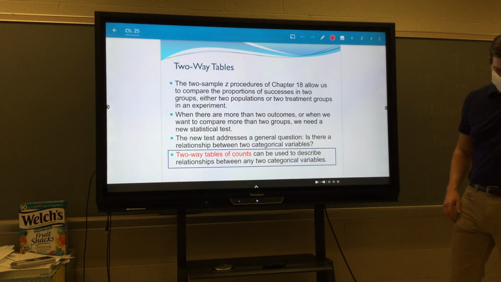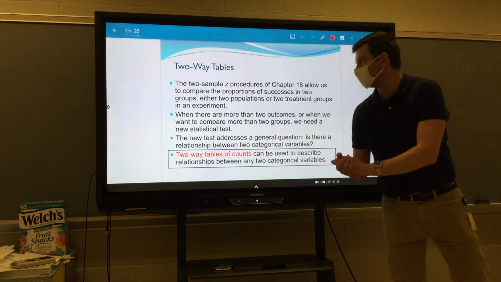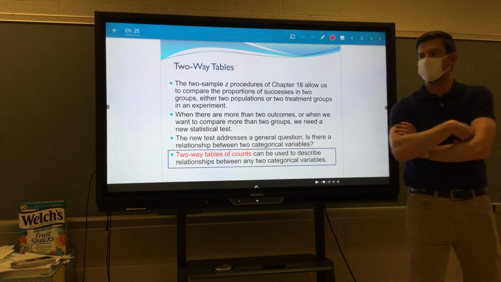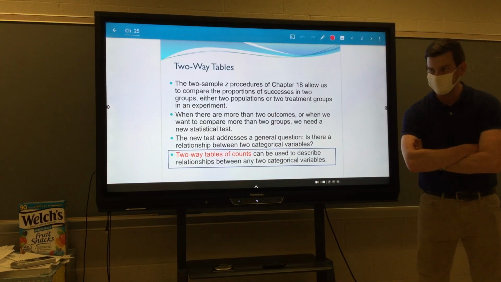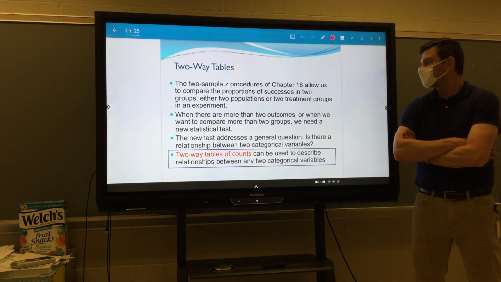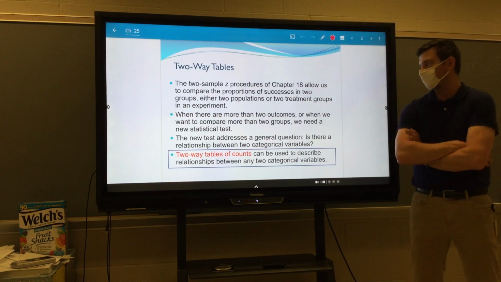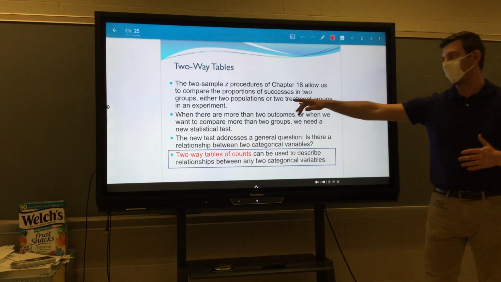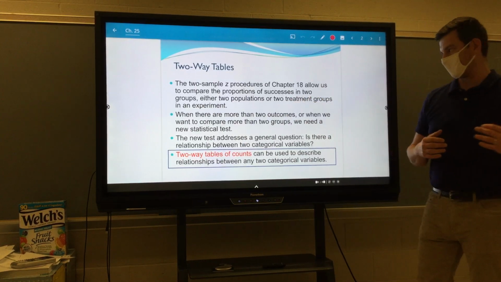Now, yesterday we spoke about these two-way tables, and the Z procedures that we spoke about in chapter 18 allowed us to compare proportions of successes between two groups, either two populations or two treatment groups in an experiment.